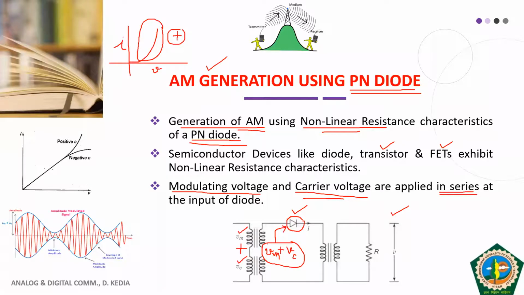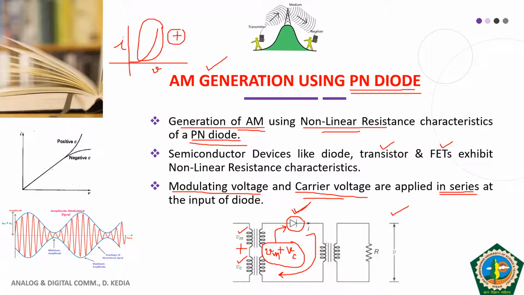Or you can say the sum of these two signals is passing through the non-linear resistance of the diode. As it passes through the diode, the diode will be forward biased, and the current flowing through the diode will be proportional to this input voltage. And obviously it is passing through the non-linear resistance of the diode. So this current will have components related to the amplitude modulated signal.